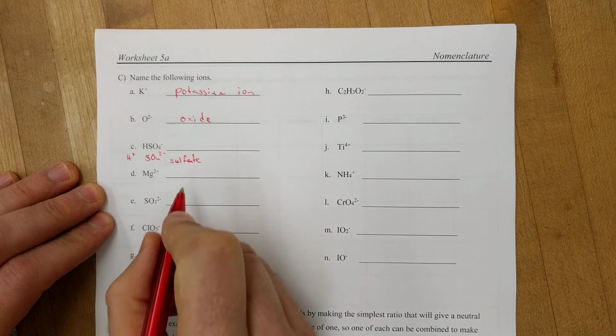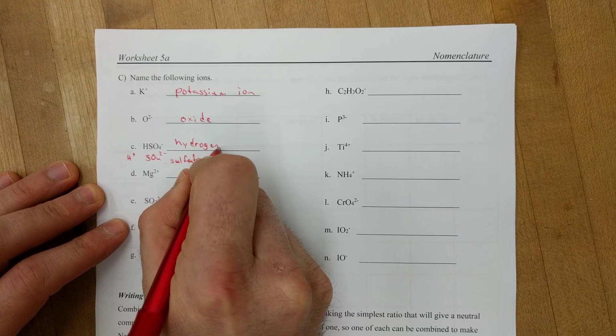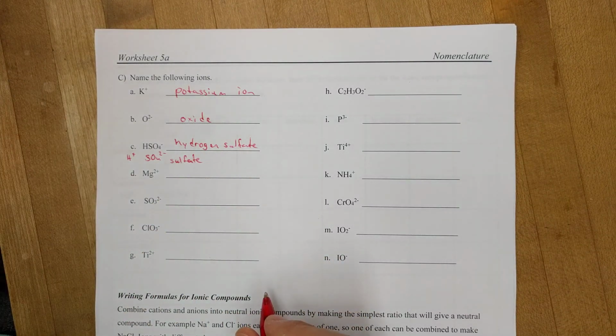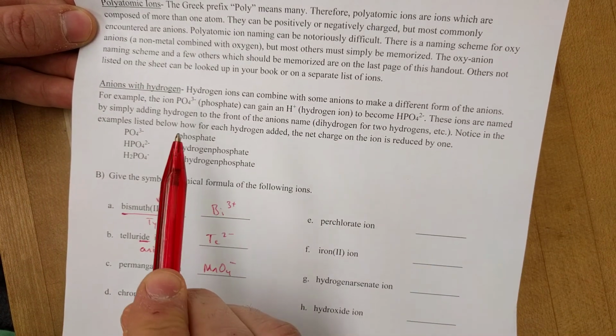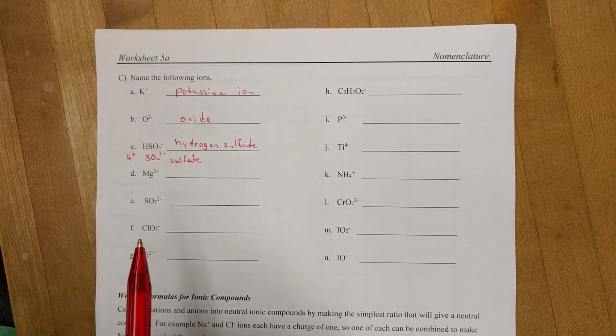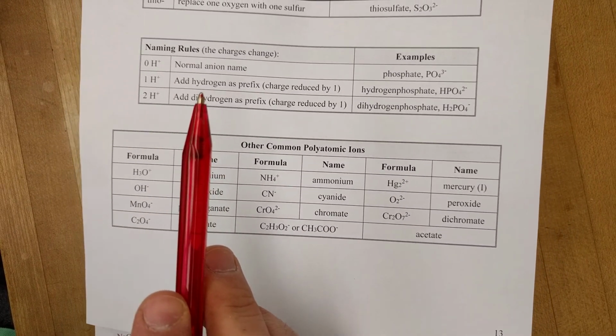And so that's how we name it. Hydrogen sulfate. And that naming scheme is explained right here. So right on that previous page, we've explained that sort of naming scheme, as well as on the green sheet, right here.